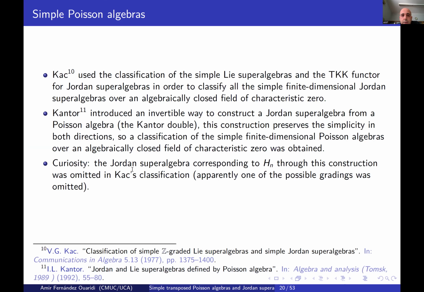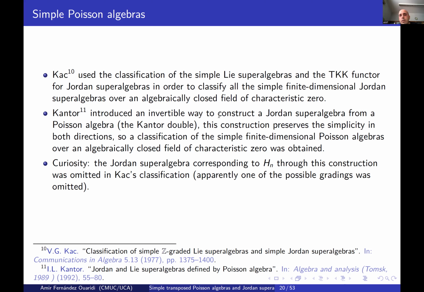The interesting part of this theorem is the way he used to prove it. Okay, so first, Kac used the classification of simple Lie superalgebras and the TKK functor for Jordan superalgebras in order to classify all the simple finite-dimensional Jordan superalgebras over an algebraically closed field of characteristic 0. Kantor then introduced an invertible way to construct a Jordan superalgebra from a Poisson algebra, the Kantor double.